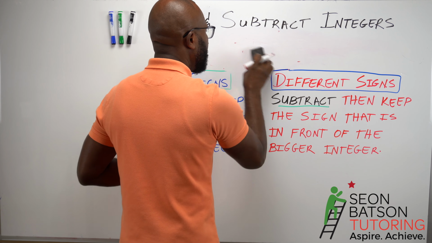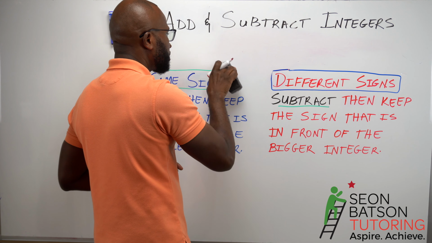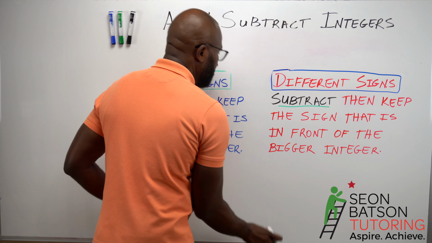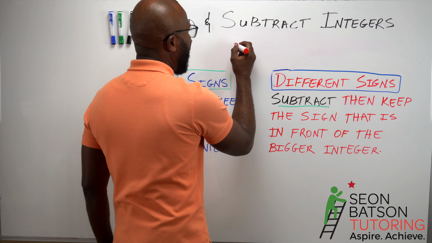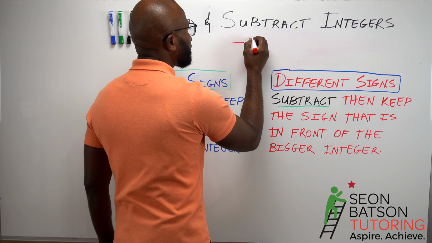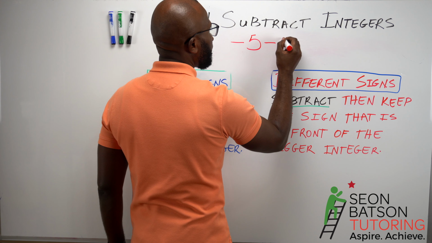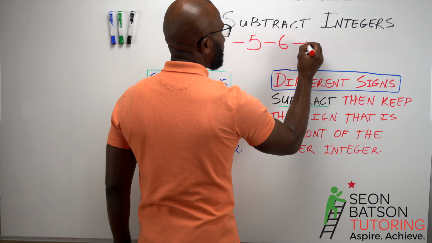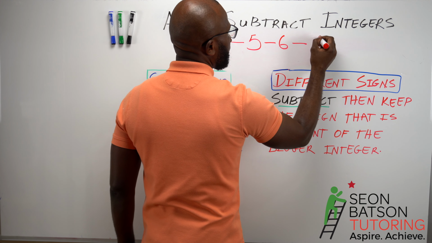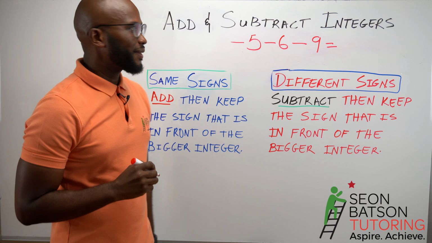Now, I'm going to give you guys a chance to shine. I want you to take your time. Remember the plan. Same signs, you add. Different signs, you subtract. Let's say 9. Look at this one right here.